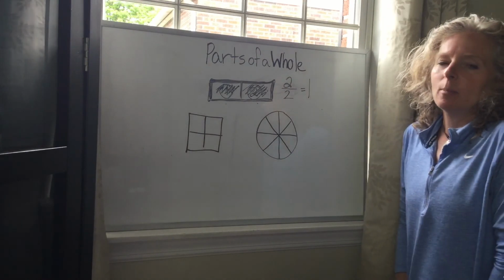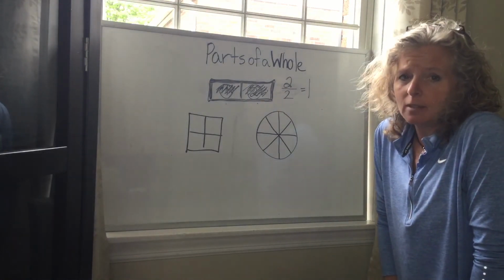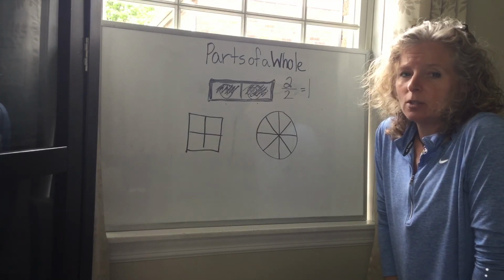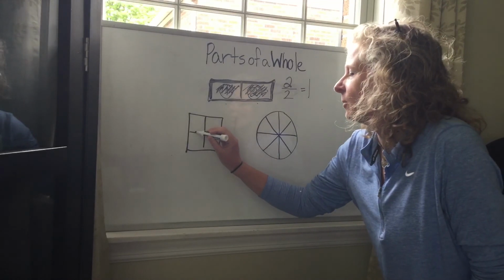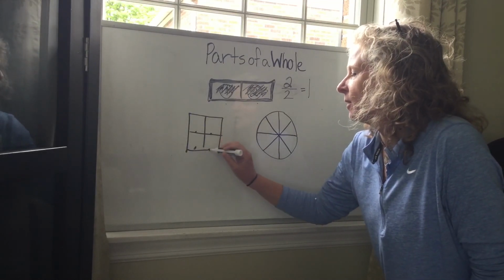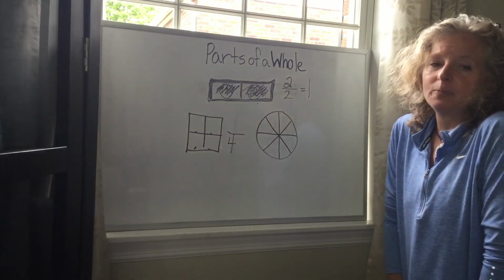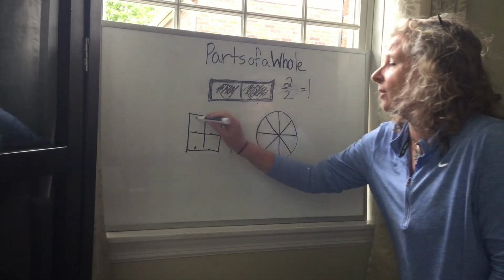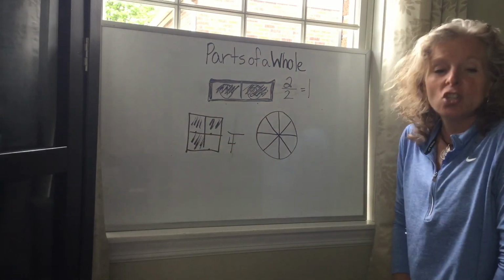Let's do another example. We're going to look at the square. How many equal pieces is the square broken into? Let's count. 4. It's broken into 4 equal pieces. Now we want to figure out how many of those pieces are shaded in.